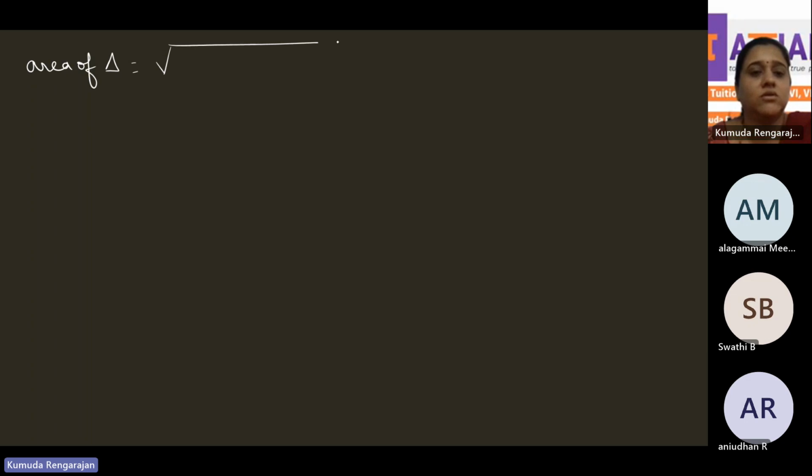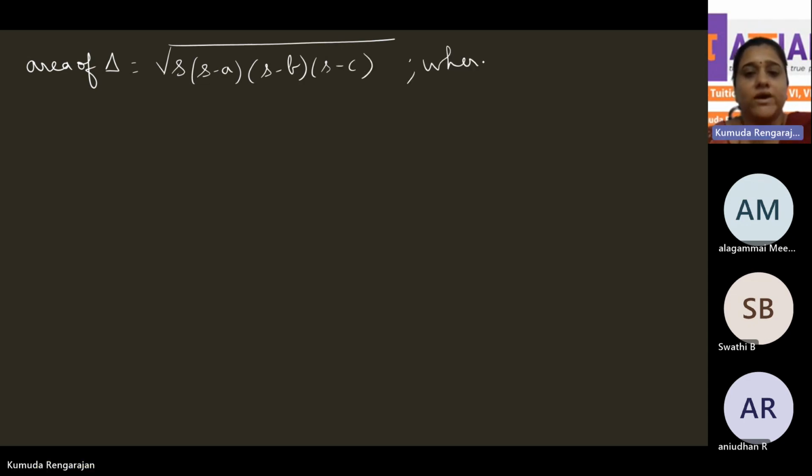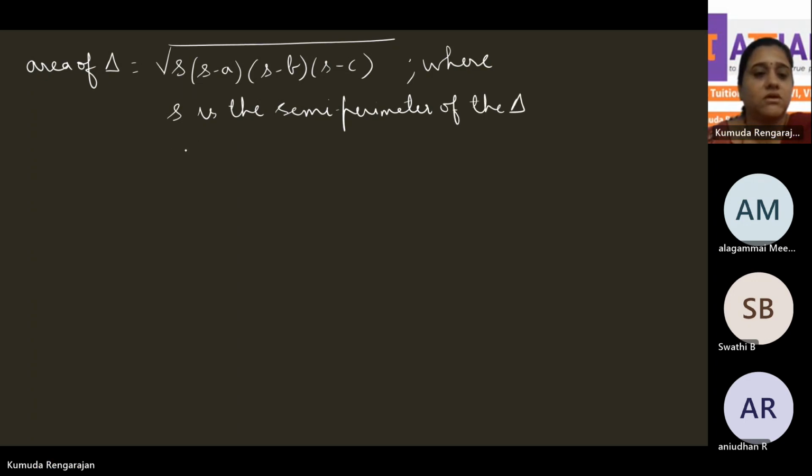It's given by the formula: area is equal to the square root of s into s minus a into s minus b into s minus c, where s is the semi-perimeter of the triangle, and a, b, c are the lengths of the sides of the triangle.